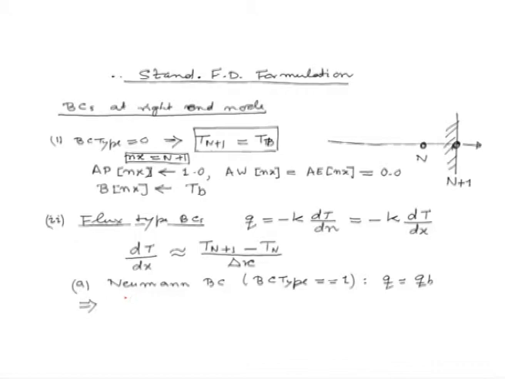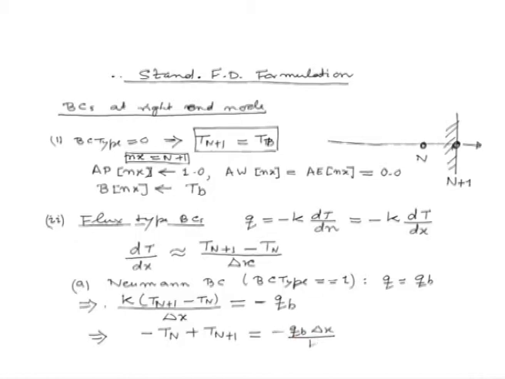So this simply tells us that k times Tn plus 1 minus Tn divided by delta x is equal to minus qb, or we can write this as minus Tn plus T of n plus 1 is equal to minus qb delta x divided by k.